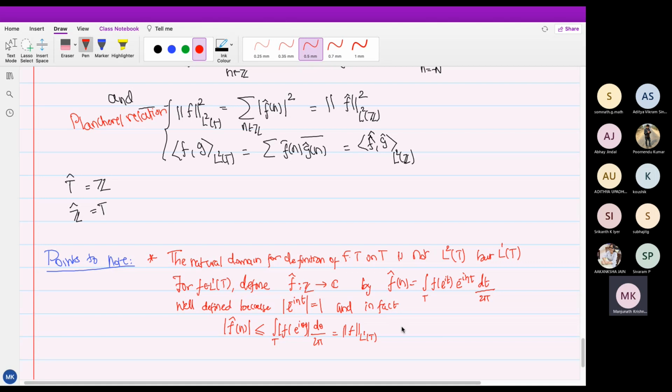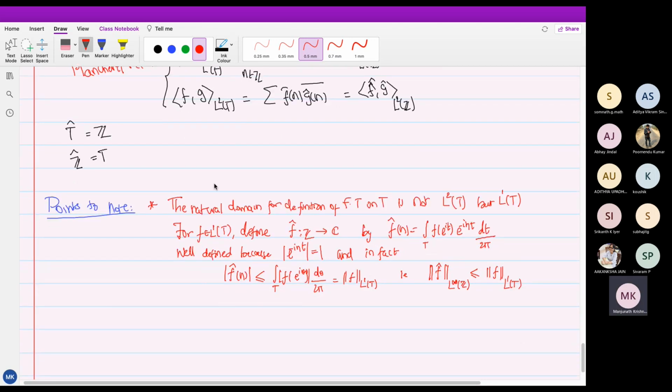So you can write that the L infinity norm of f hat on Z is less than or equal to the L1 norm of f on T. It's something similar to what we have seen. So that is one point. In fact, we can go further.